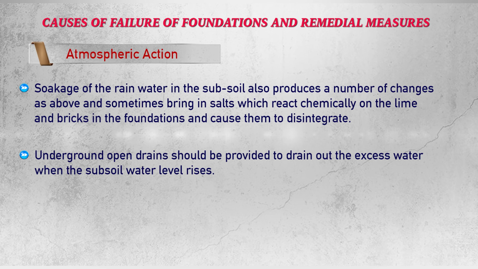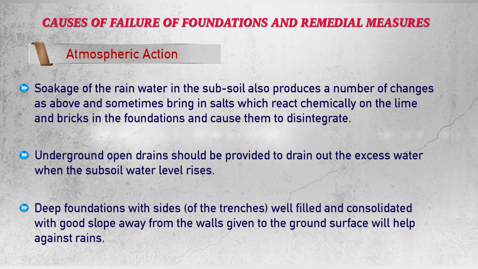Underground open drains should be provided to drain out the excess water when the subsoil water level rises. Deep foundations with sides well filled and consolidated, with good slope away from the wall given to the ground surface, will help against rains.